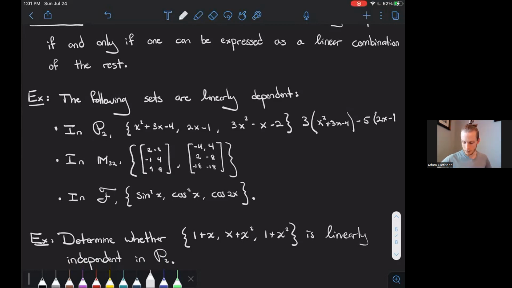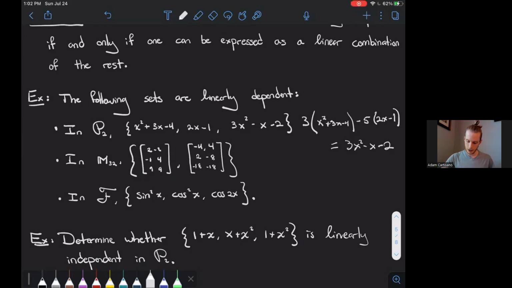Apparently there was a typo in this problem. Equals precisely 3x squared minus x minus 2. In other words, because we can write one as a linear combination of the other ones, that set is linearly dependent.